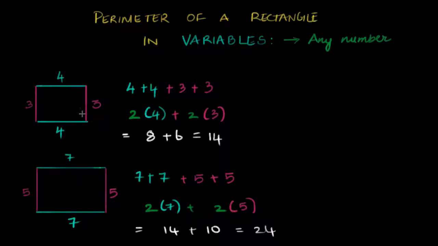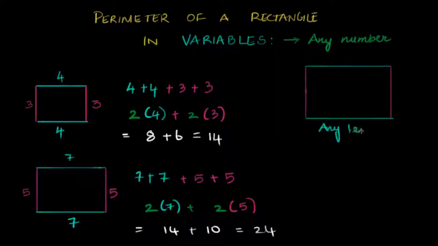Now what I notice when I do this is that my brain is shouting, hey, you don't have to tell me what this length is. Whatever length you give me, any length, it doesn't matter. I just have to add this length twice because this length is there and this length is there. And then I have to add the breadth twice.